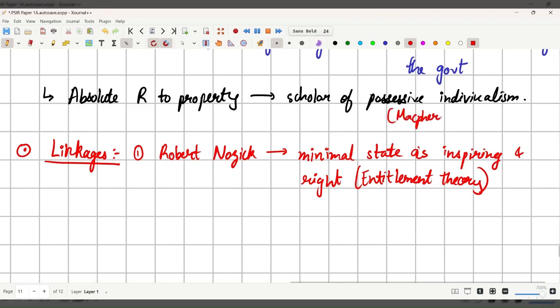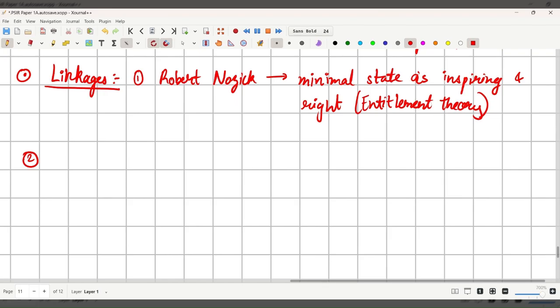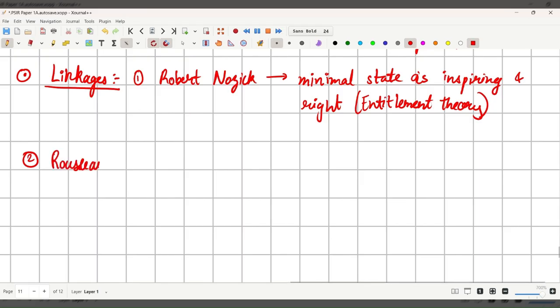Then you can link Rousseau here. So Rousseau is basically a critique here.